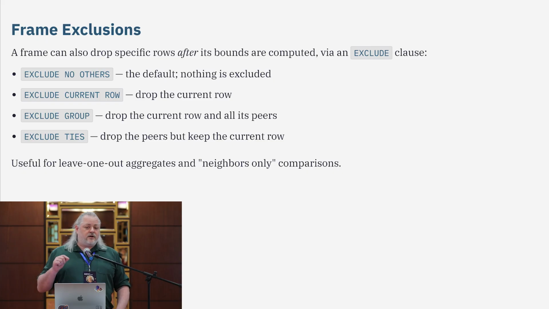You can exclude the current row, so we're saying I would like to analyze rows around this row, but I don't want this row to be included. You can exclude a group, which I'll show an example of, and you can exclude ties, which is the same as peers. It's kind of the range thing for this.